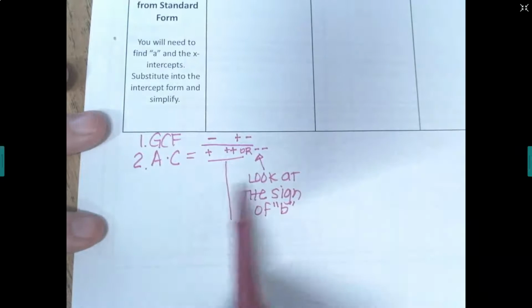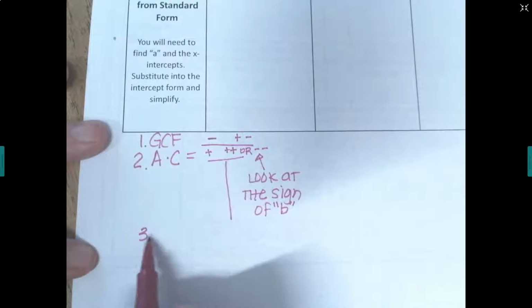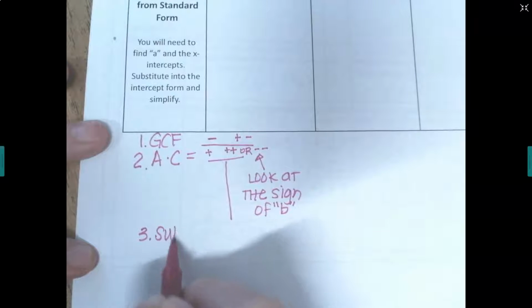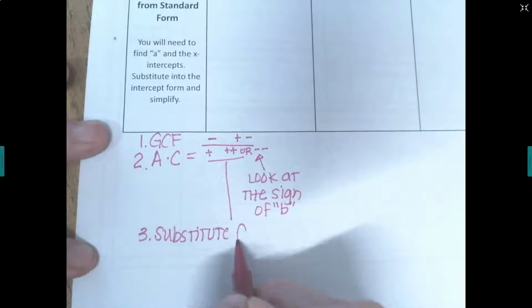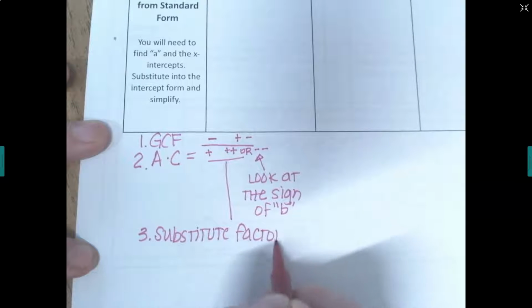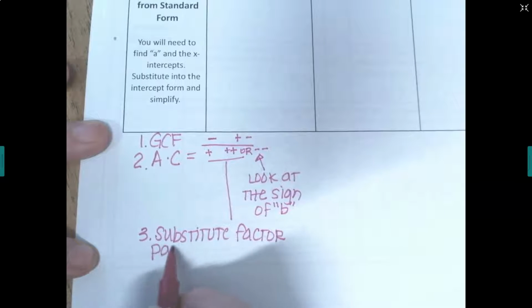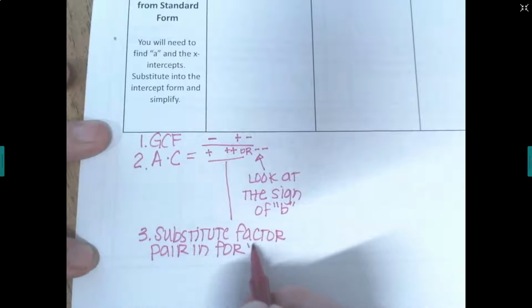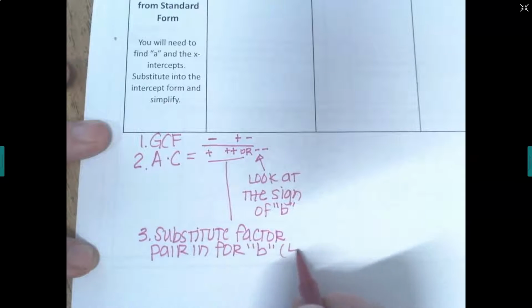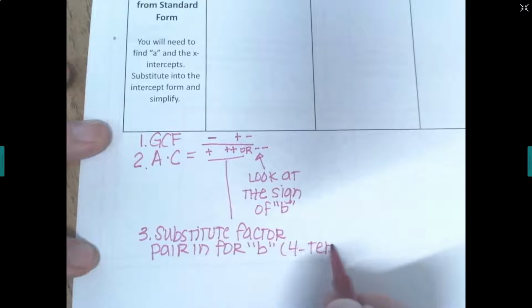Okay, you're going to take the factor pair, and our next step is we're going to substitute the factor pair in for the B value. And what that does is it creates 4 terms.